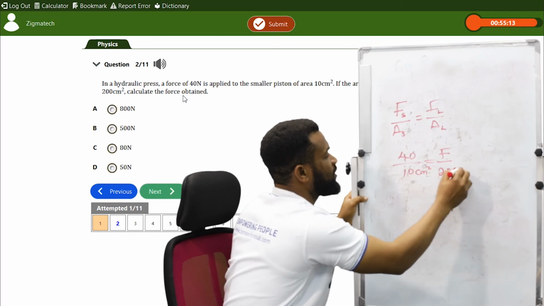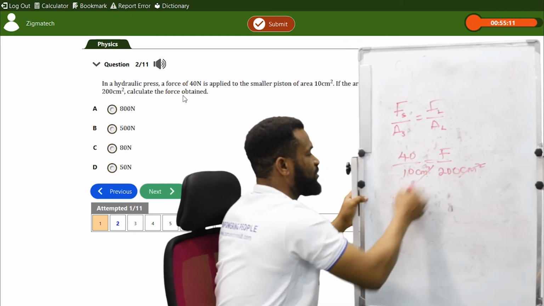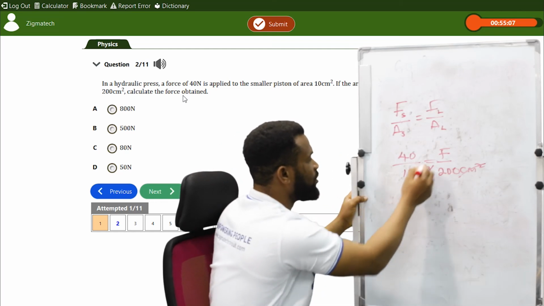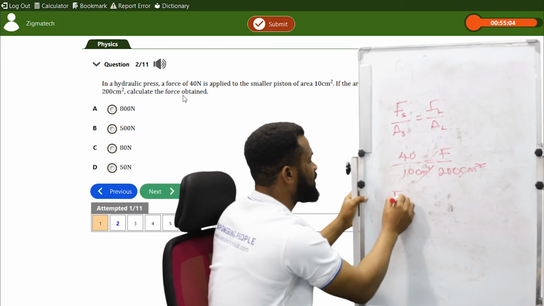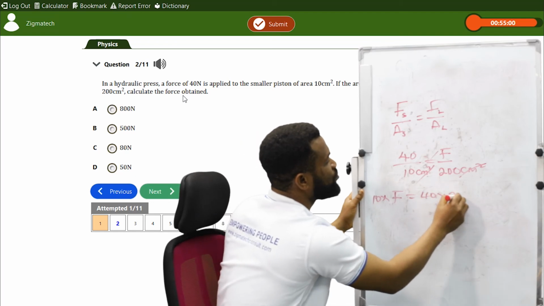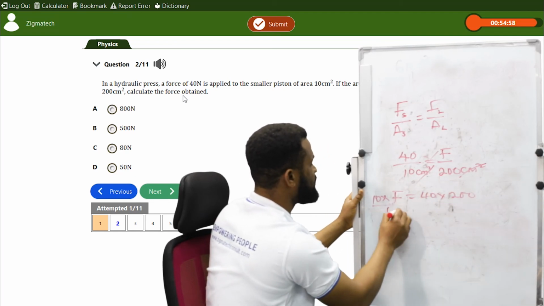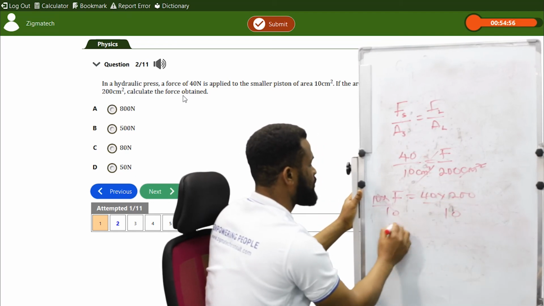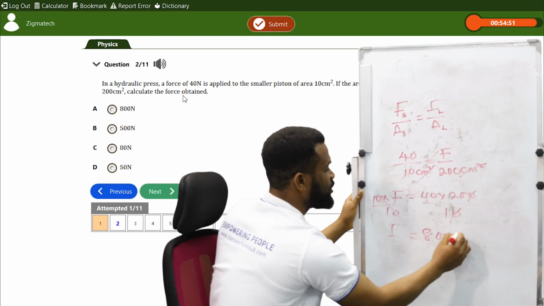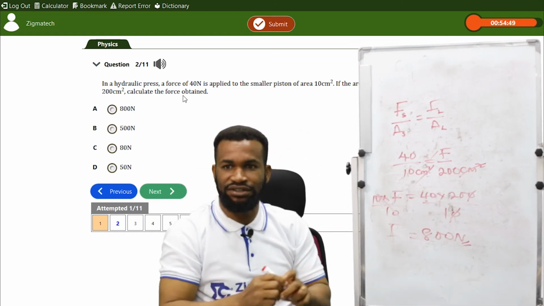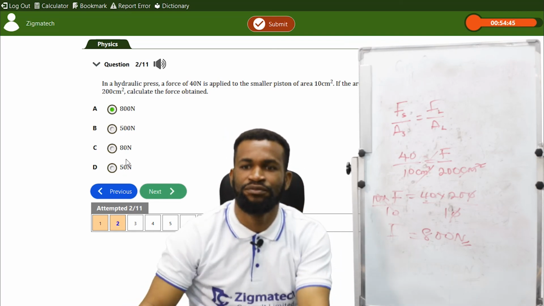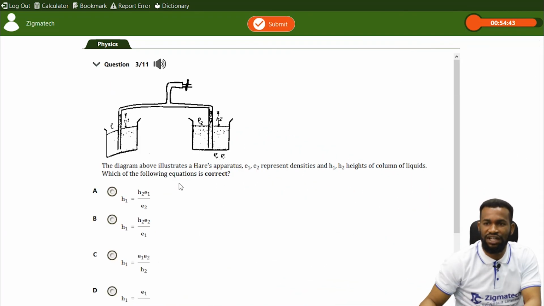Remember, if I have cm square, they will cancel themselves. So it's not an issue. So if I clear the fraction, I have F multiplied by 10 is equal to 40 times 200. If I divide both sides by 10, F is 800 Newton. Do you have that option? And that is option A. Okay, we go to the next one.